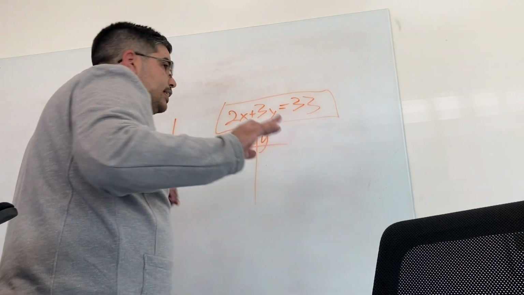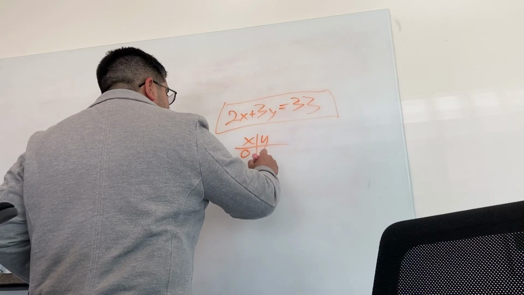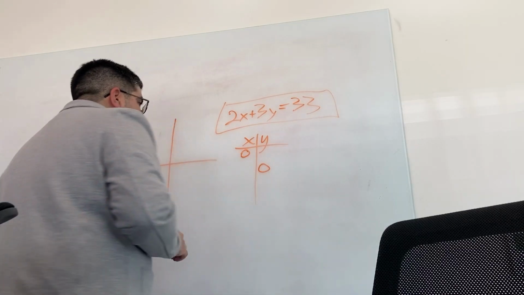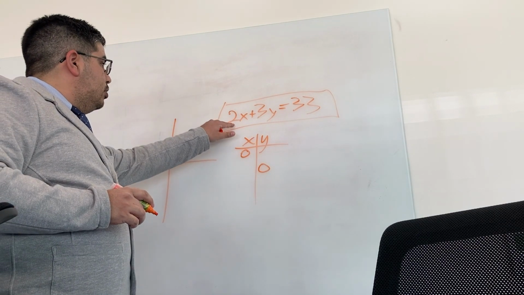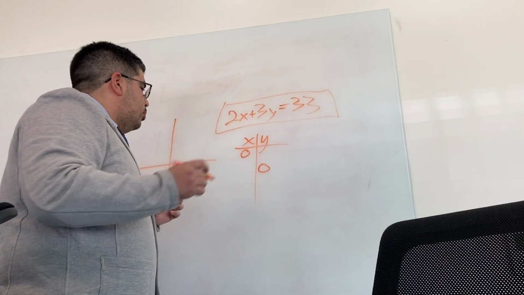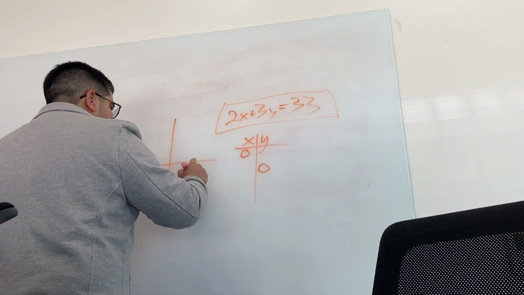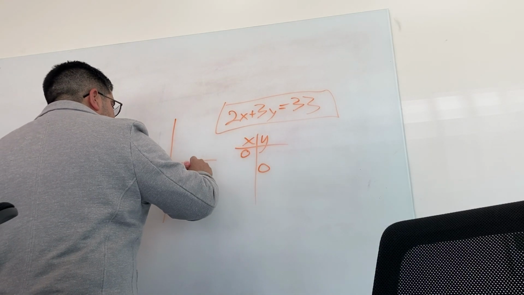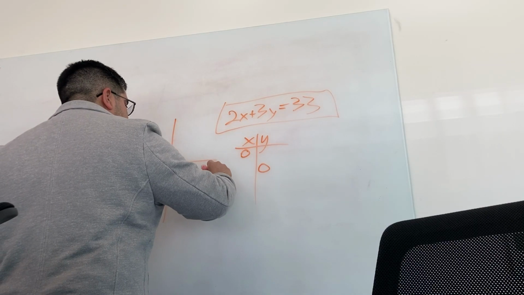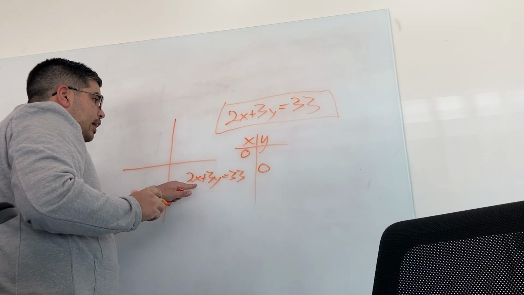In this case, to graph this line, we make x 0, then we make y equal to 0. Let's write it over here. We're doing 2x plus 3y equals 33. We're going to change x into 0.